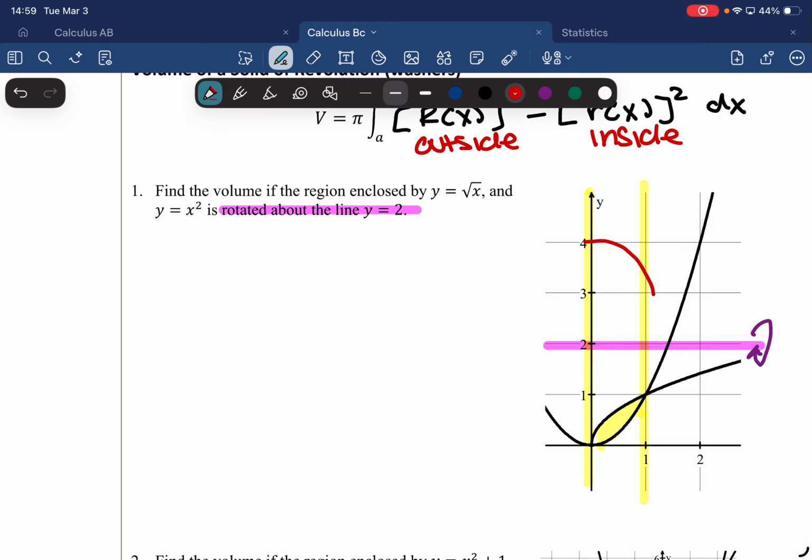Okay, the next thing I'm going to do is the mirror image of the square root of x, which means it's going to flip over that line, and again, it's still 2 away, so it's going to be like this.